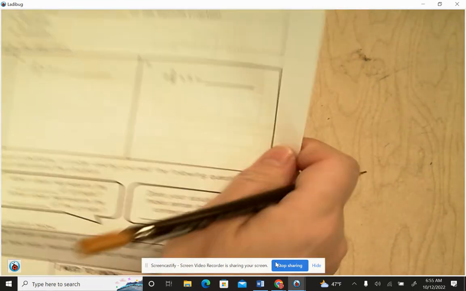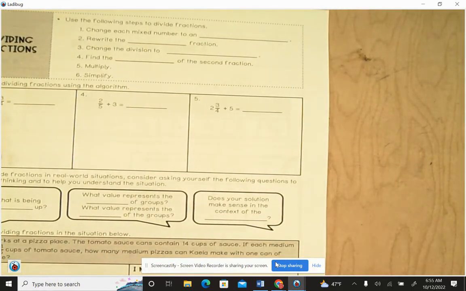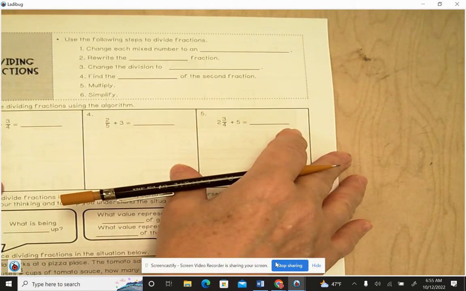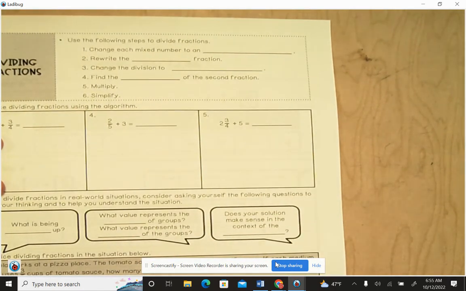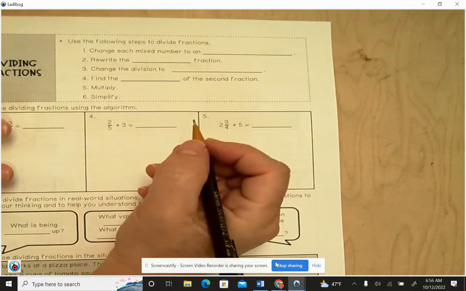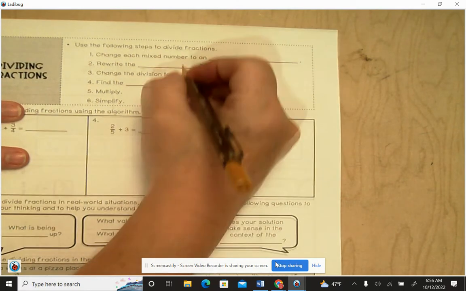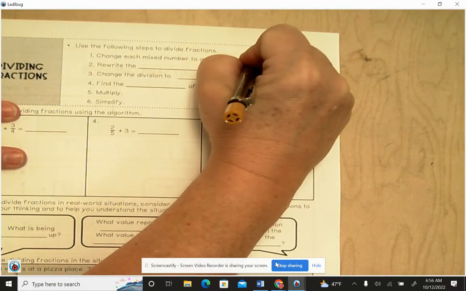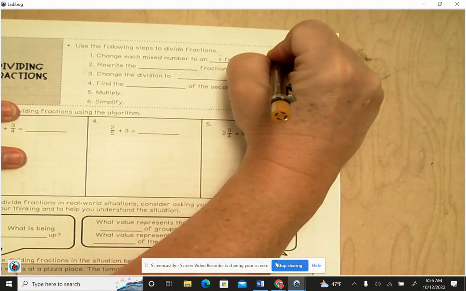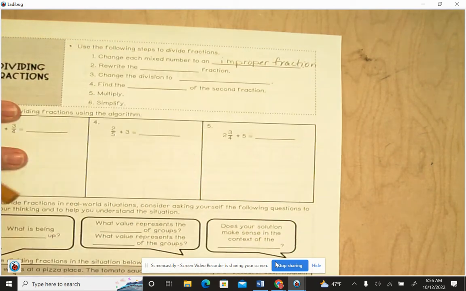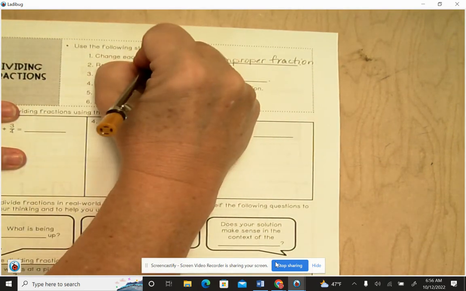Okay. That first page was by using models. Now we're going to show you the way that most people do dividing fractions. Use the following steps to divide fractions. Change each mixed number to an improper fraction. Rewrite the first fraction.